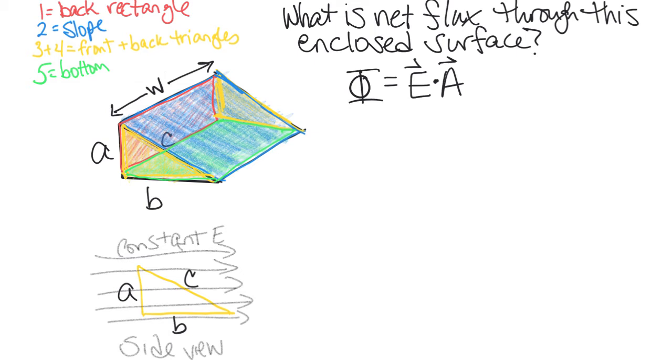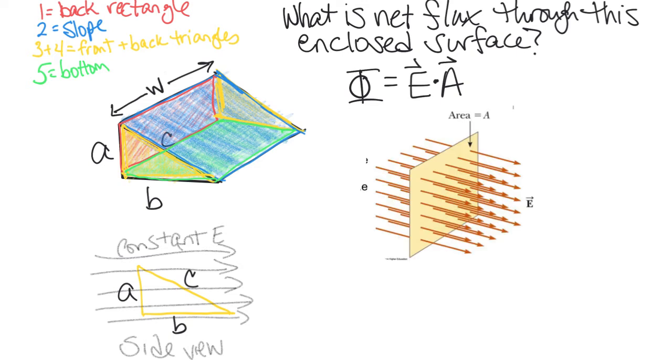The best way to think about it is you get maximal flux, so E times A, when... here's a nice little graphic that I found. It's really hard to draw stuff in perspective. You can see when the electric field is going totally straight through, then you have maximal flux.